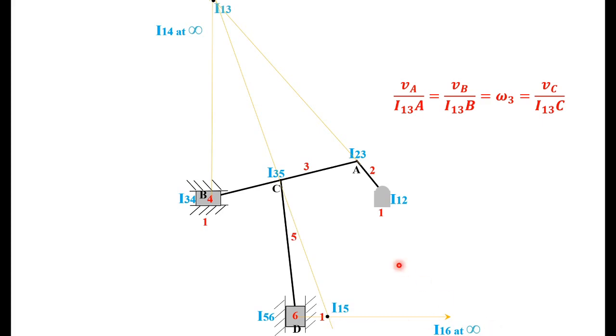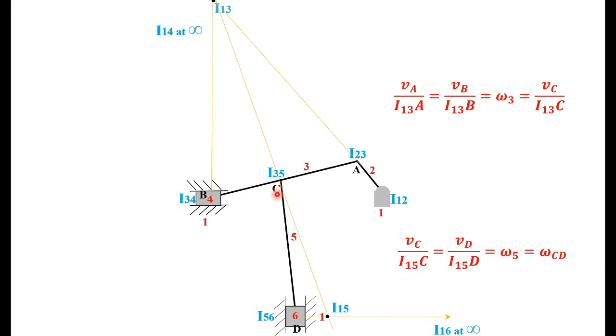Then what is the expression you can write from this? 5 means CD. So VC divided by I15C equal to VD divided by I15D. And that is also equal to omega 5 or omega CD. Okay, so this is the expression.